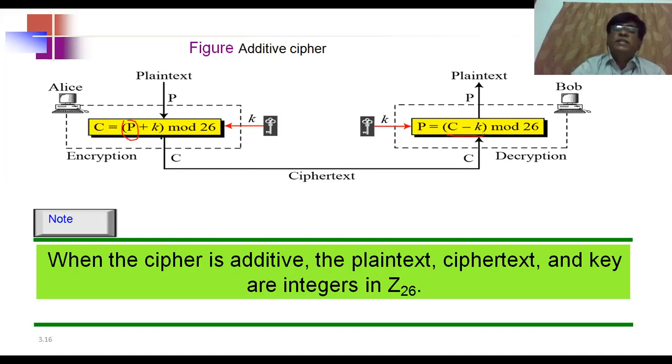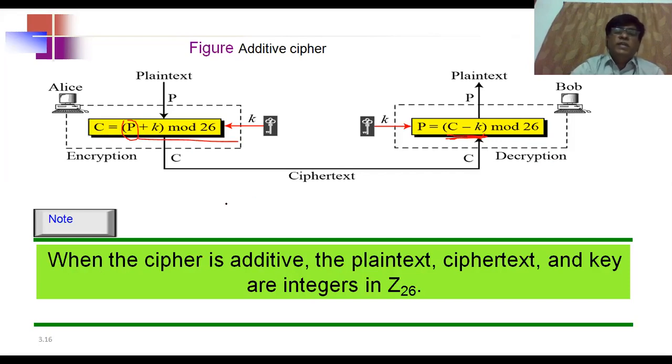Here I add the k value to the plain text to get the ciphertext, so to get back the plain text, I subtract that k value from the ciphertext. That's why P is equal to C minus k mod 26, where ciphertext C is equal to P plus k mod 26.